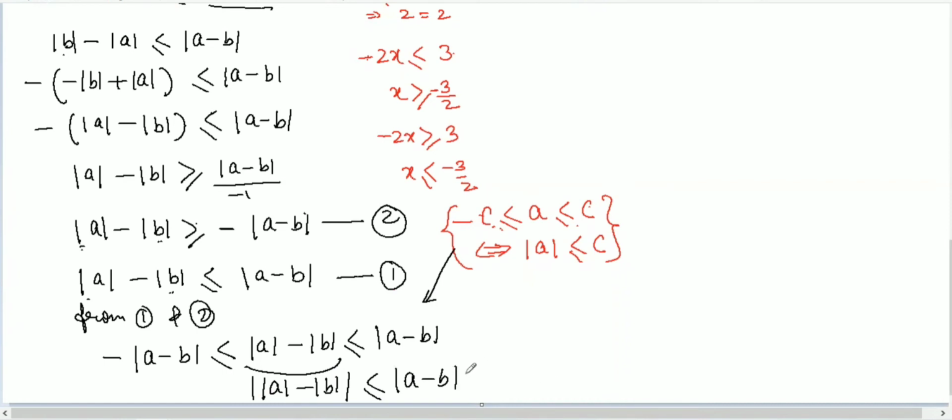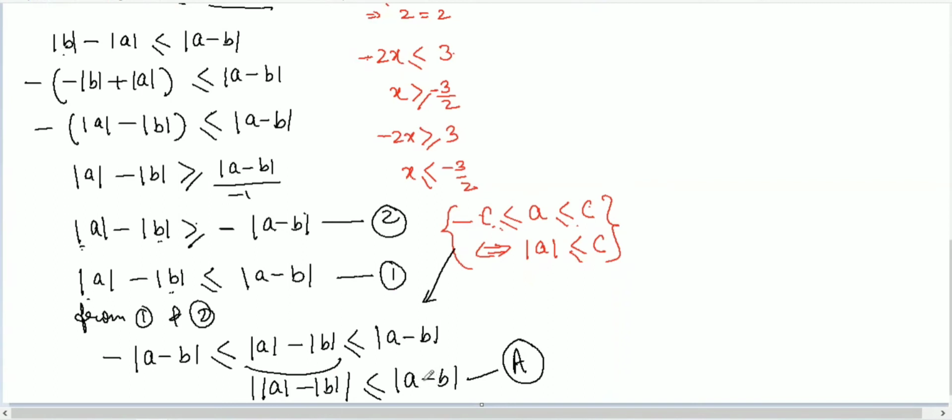So this is the reverse triangle inequality. Name it A. We did it: reverse triangle inequalities. Absolute value of A minus absolute value of B is less than or equal to A minus or plus B.